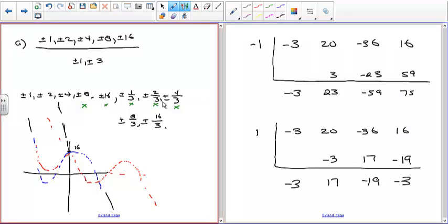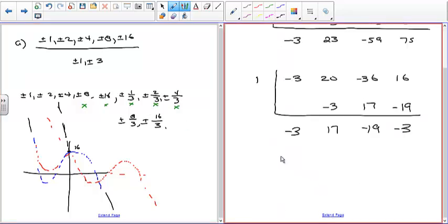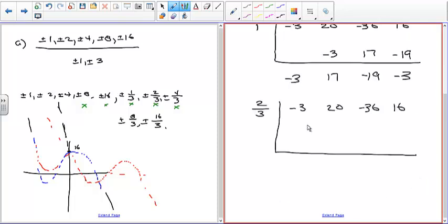So what's the closest? 2/3. Okay, so let's do 2/3. And all we need is one of them. We just need one zero, and then we have a quadratic remaining after that. So I'll put 2/3 here. So you got negative 3, 20, negative 36, 16. Okay, bring that down. Negative 3. 2/3 times negative 3 is negative 2.